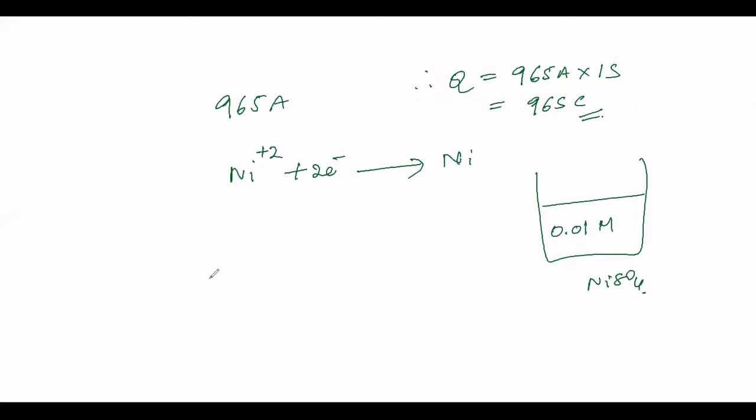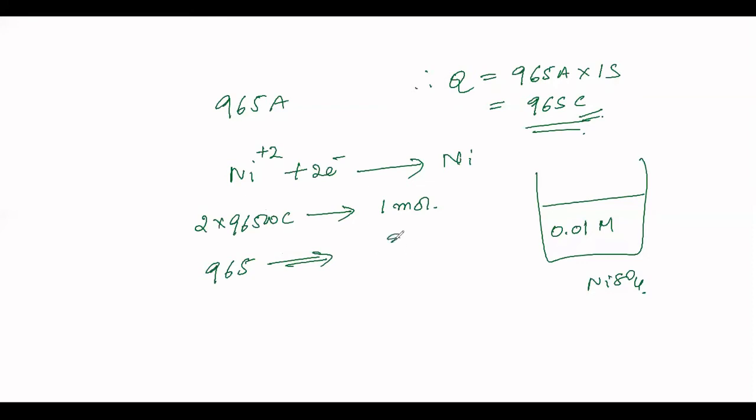So 2 into 96,500 coulombs is going to deposit 1 mole. But how much charge are you using? 965. So 965 must deposit how many moles?